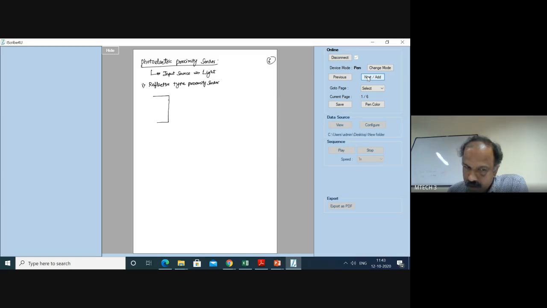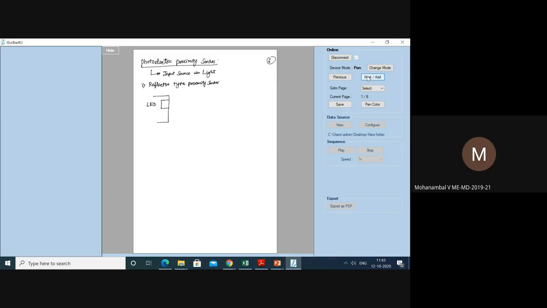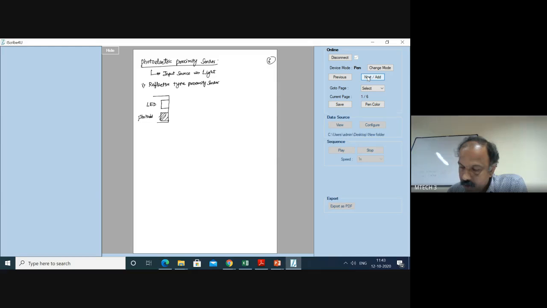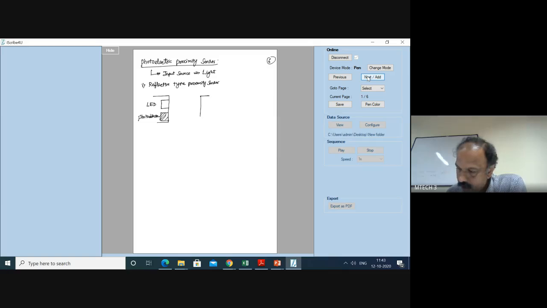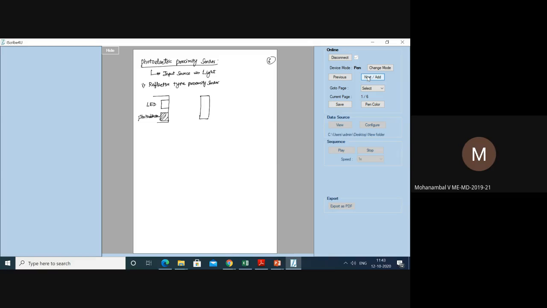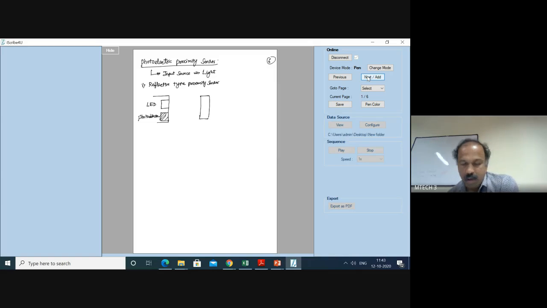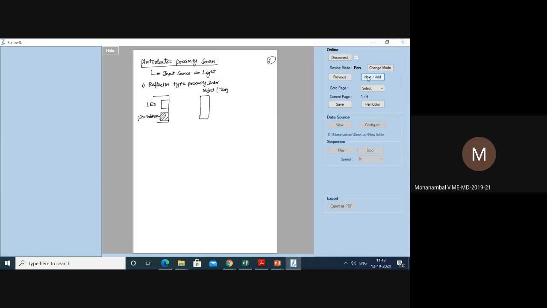We have what is called an LED, we have a photo detector, and then we have the object. Now just observe, this is the object or the target.